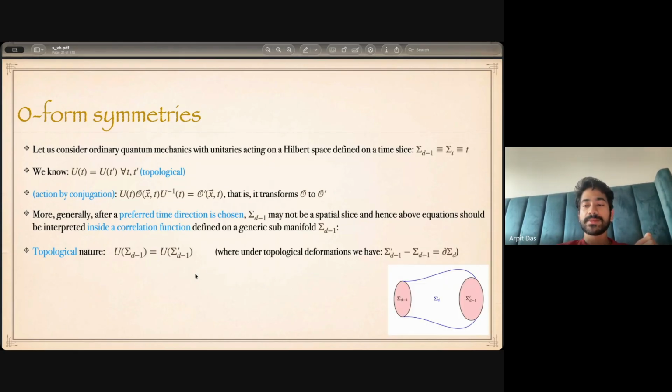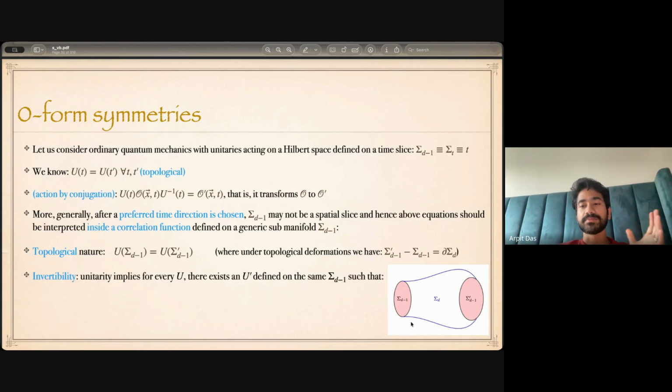And where topological means that if you have a slice sigma_{d-1} and a slice sigma prime_{d-1}, then you can smoothly deform one to the other. And whenever you can do that, these operators will be independent of wherever you define them. Okay, so that's the picture I want you to have in mind.